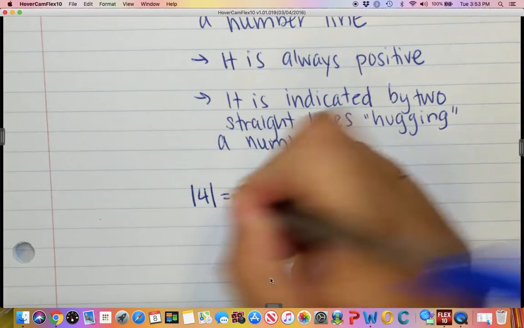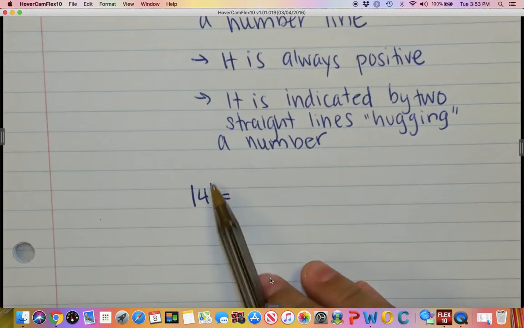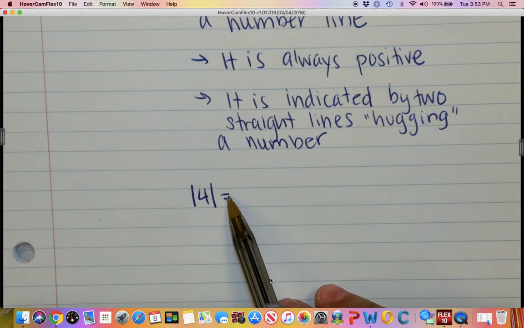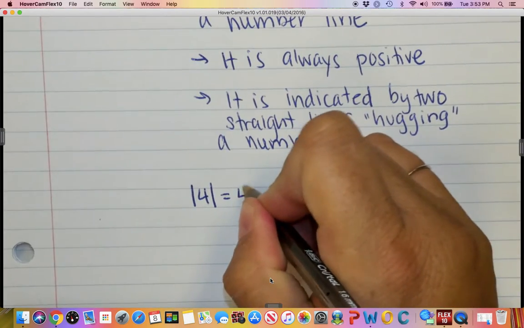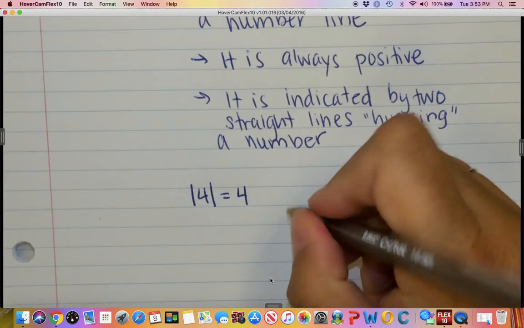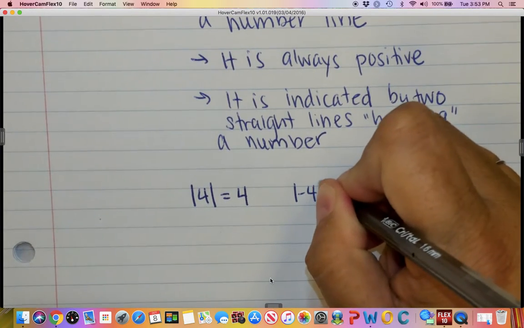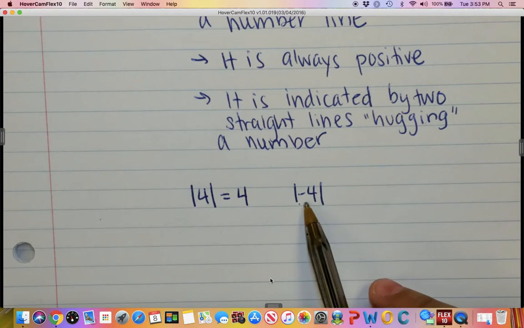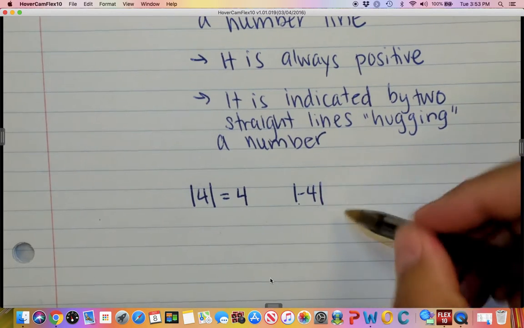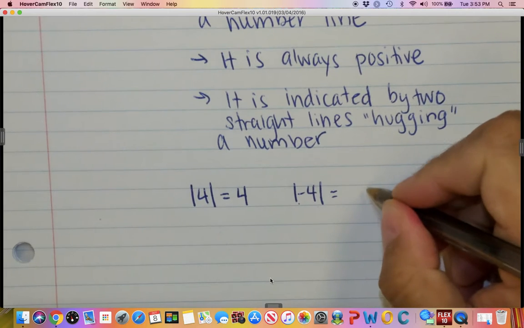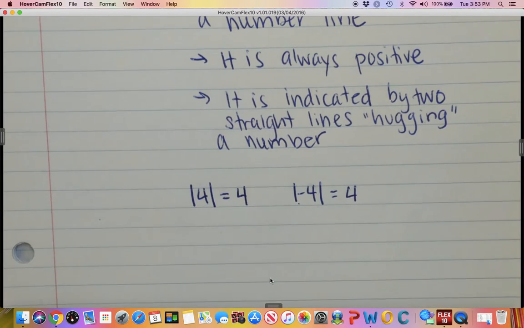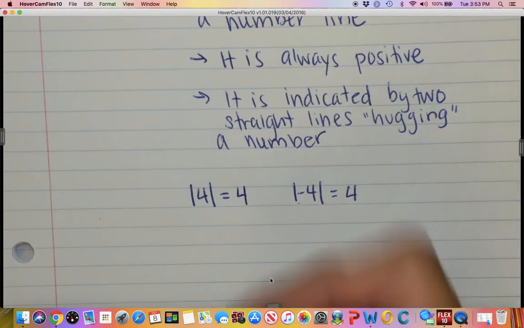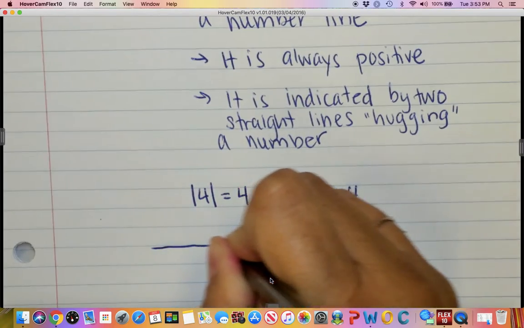And if I put an equal sign, it means the absolute value of 4 is equal to 4. Here, the absolute value signs are hugging the negative 4. The absolute value of negative 4 is also 4. And I'm going to prove it to you why. And we use the number line to help us do that.